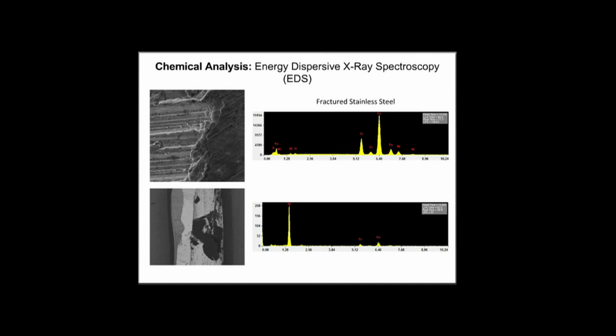So you get a spectrum of the materials that you find in the sample itself, and on the top is some of the lighter areas, and so you see chromium and iron and nickel and aluminum, which are commonly found in stainless steel, and you'll get maybe different quantities depending on the type of stainless steel. And then we probed the dark spot, that's the spectrum on the bottom, and it had mostly aluminum.